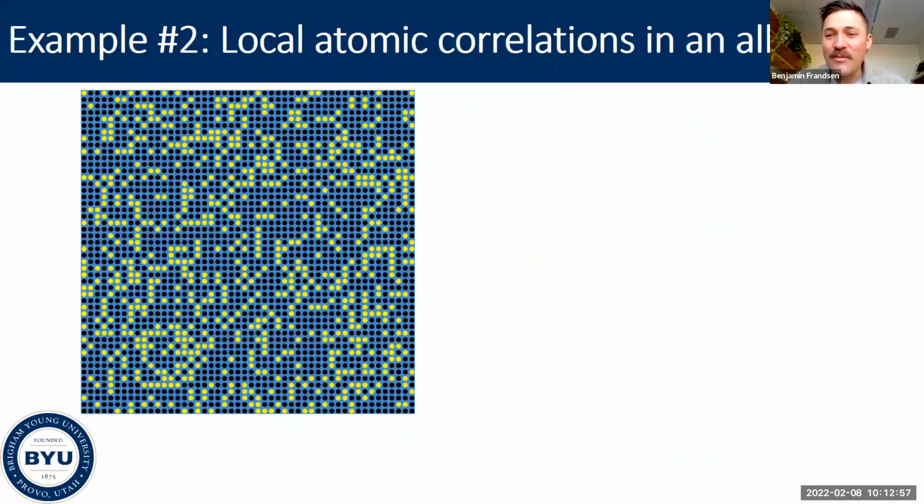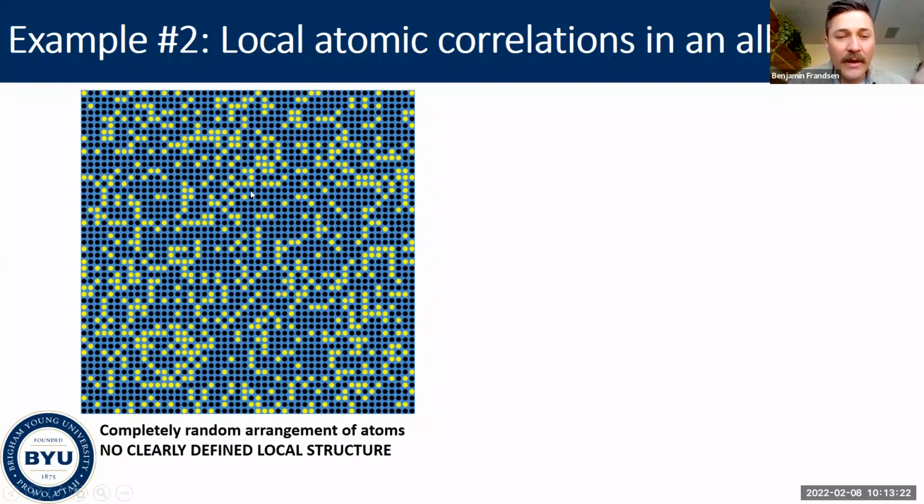Let me give a second example that's maybe a little more familiar or a little closer to what we typically do research on. Let's imagine an alloy. This is a pretend alloy consisting of 50% black atoms, 50% yellow atoms, okay? And in this version of the alloy, the atoms are completely random.